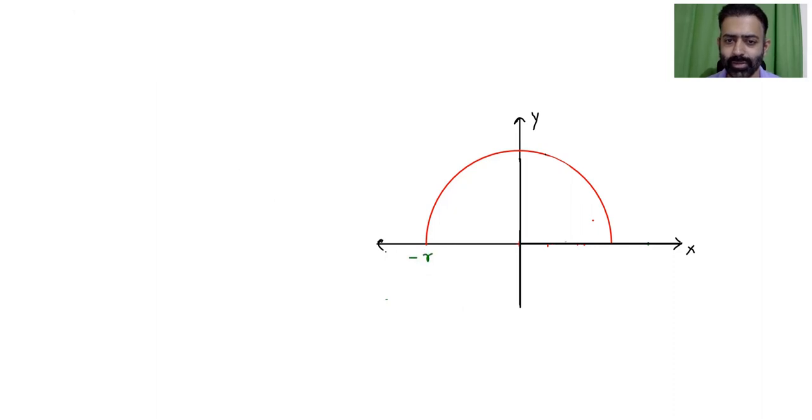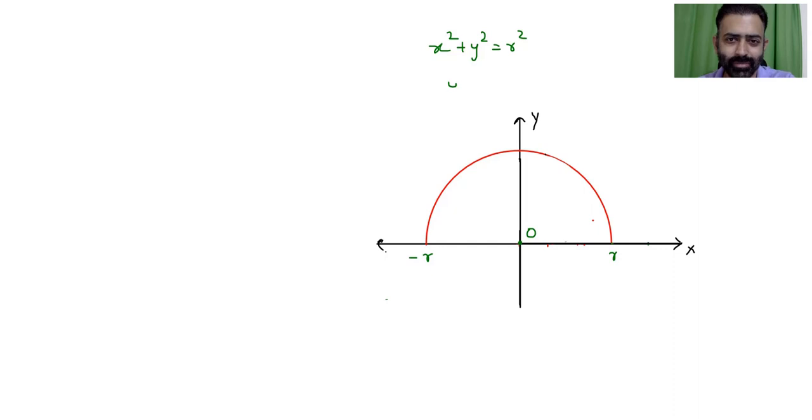So this coordinate is minus r and this length is plus r, and this is your origin O. I hope you know the equation of a circle with center O. If you do not know it, you need it, since we are using integration. The equation is x square plus y square equals r square. This is the equation of a circle with center at the origin and radius r.